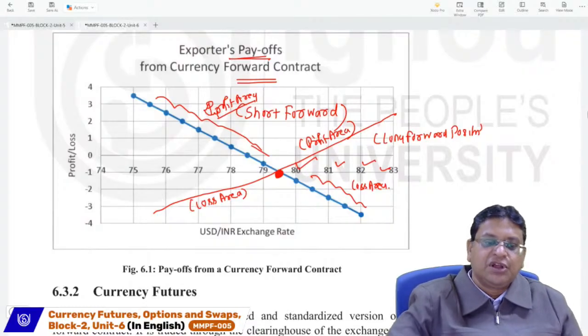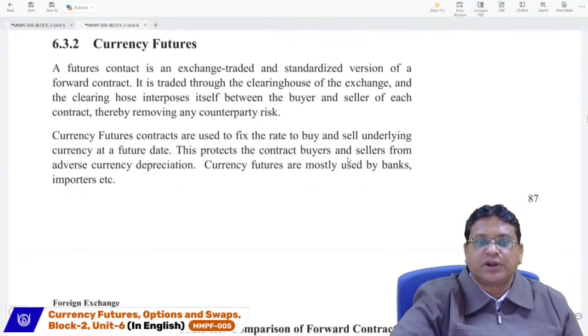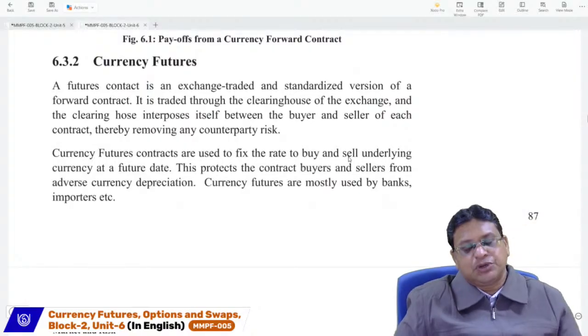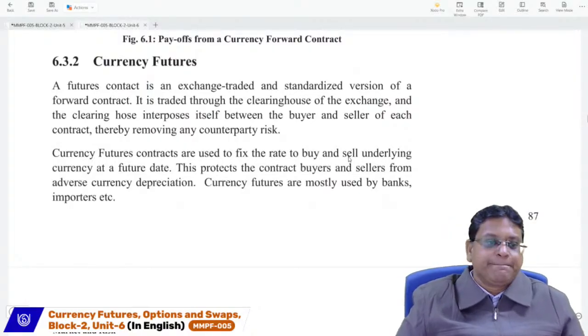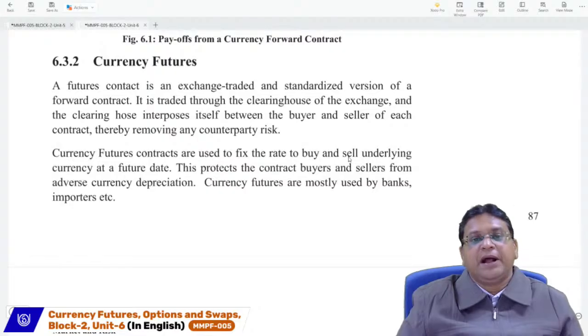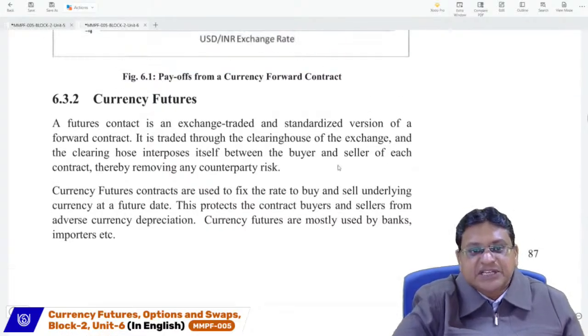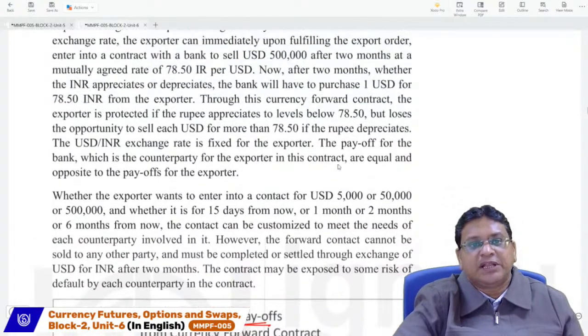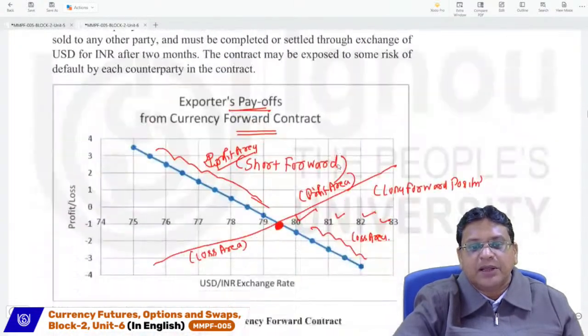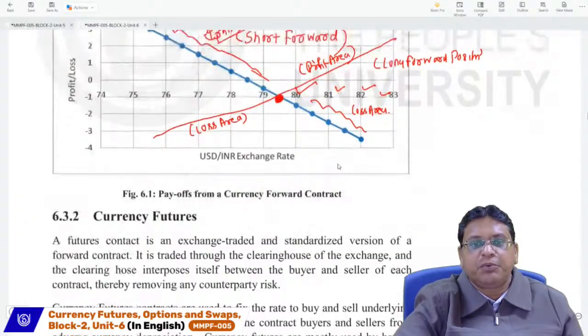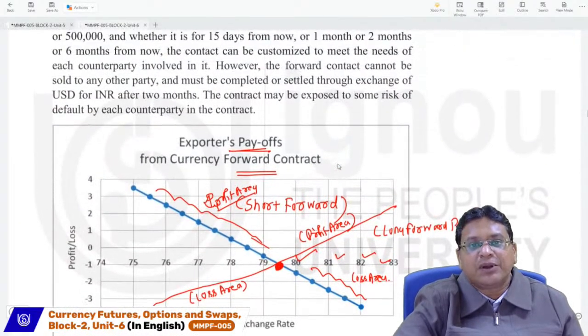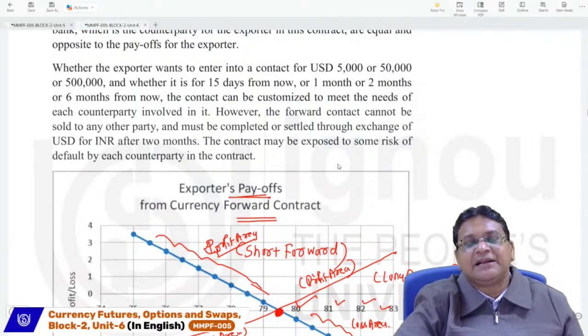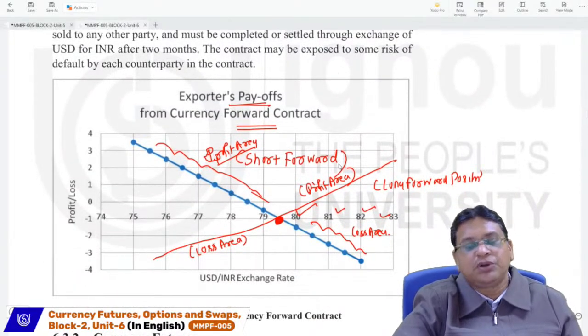Next we will discuss currency futures contract. What is currency future? We know currency forward and currency futures. In case of forward contract, there are certain limitations. What are the limitations of forward contract? The most important limitation is that forward contracts are subject to default risk.